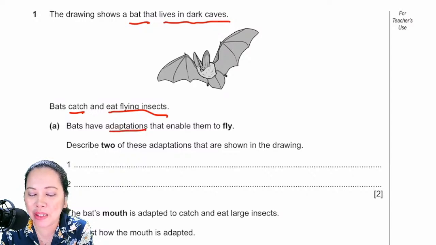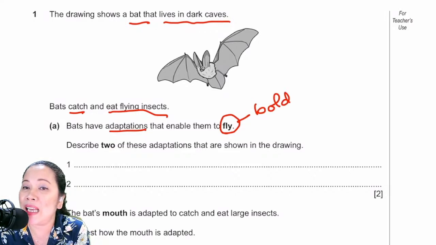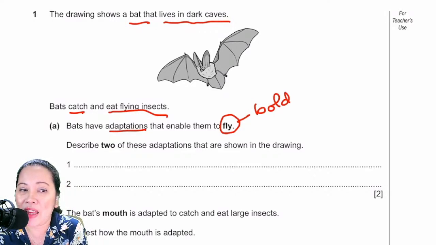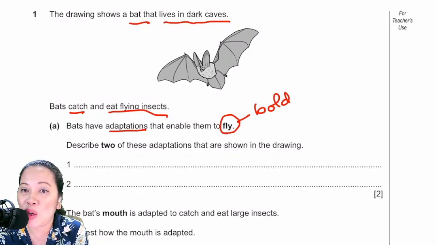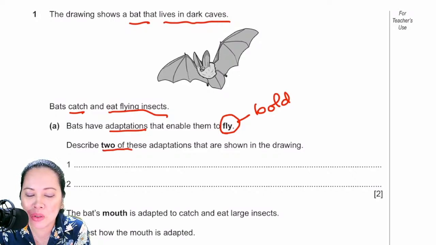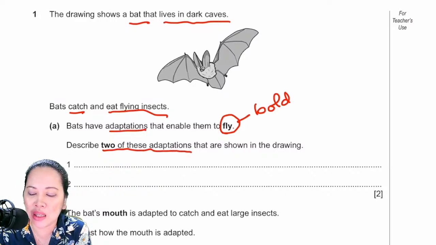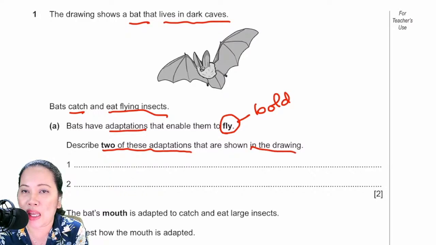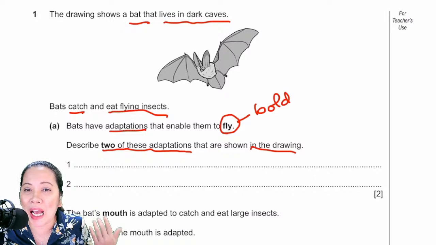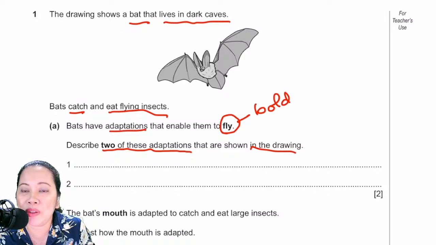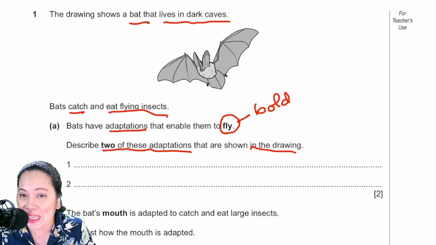Bats have adaptations that enable them to fly. Now, this is in bold. That means that it has an emphasis. That is your cue word. Okay? Enable them to fly. Describe two of these adaptations that are shown in the drawing. So, what are the adaptations that enable them to fly?